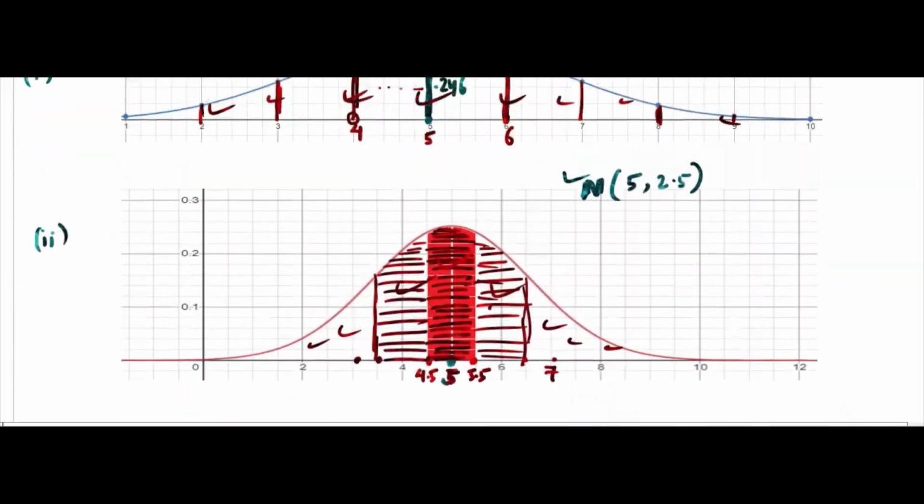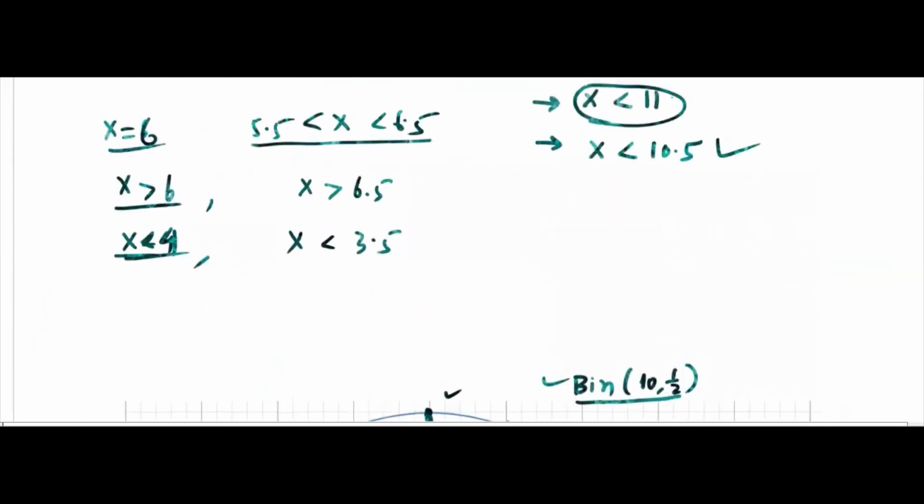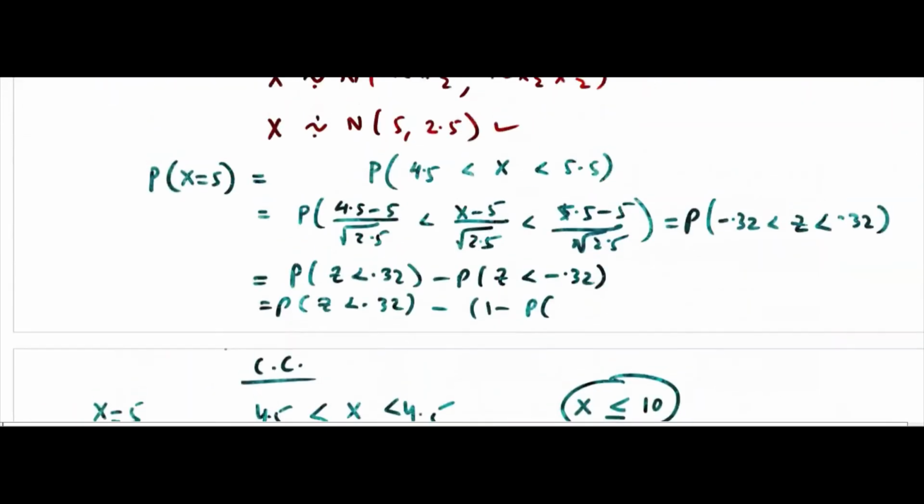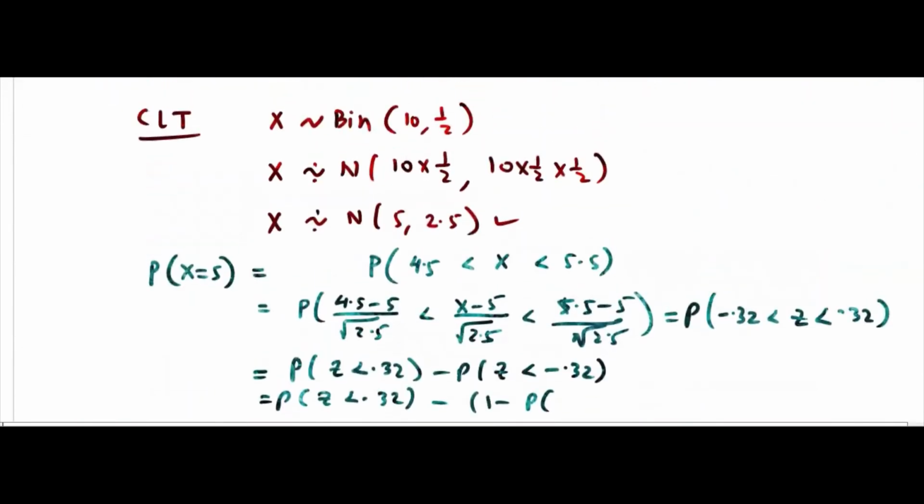So then that will be probability z is less than 0.32 minus the probability left of minus 0.32, which is right of 0.32. This is positive, this is negative.